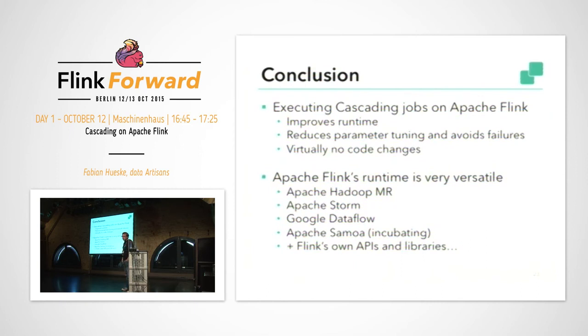Yes, that's right. A similar system like Spark also avoids the disk writes. So if you compare Flink against Spark on those specific benchmarks, have you done the comparison? There is no Cascading on Spark that I'm aware of. Yeah, but native implementations as well? For example, native implementation, no. Okay.